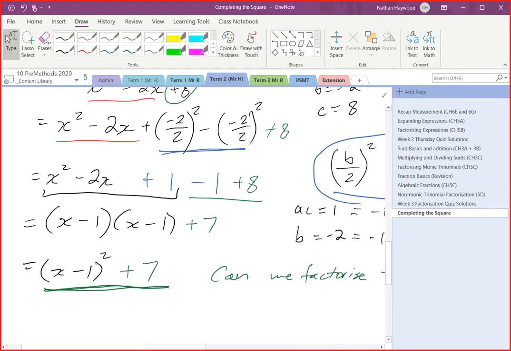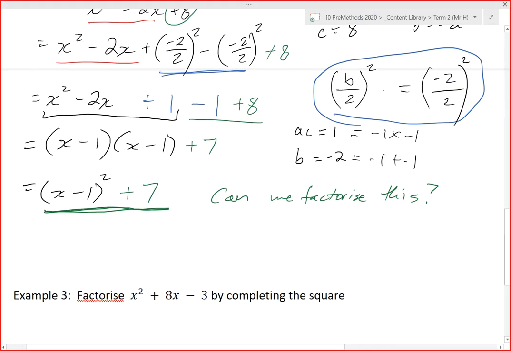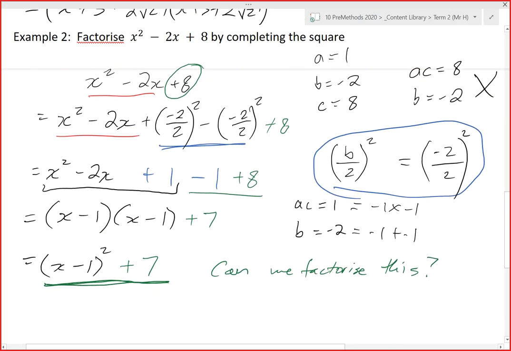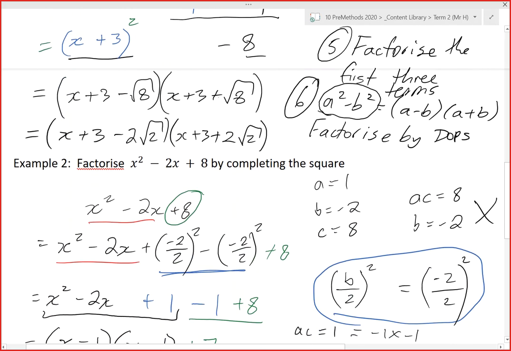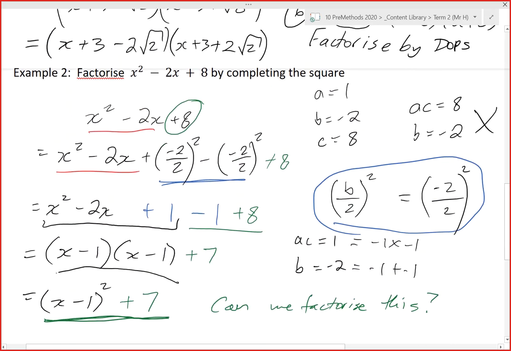So I'm going to put you out of your misery, everyone. You cannot factorize it because in the first example, what was the symbol here between the two things? It's a minus. Remember, it's a squared minus b squared. Is this a squared minus b squared? So we cannot factorize it.